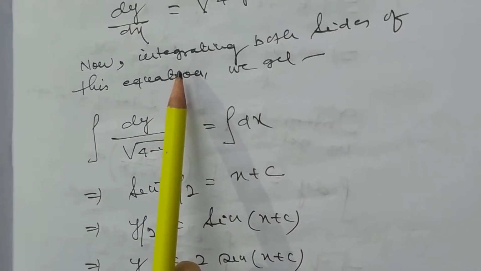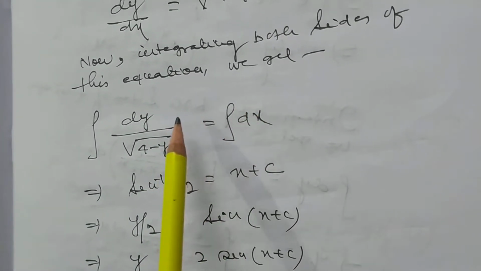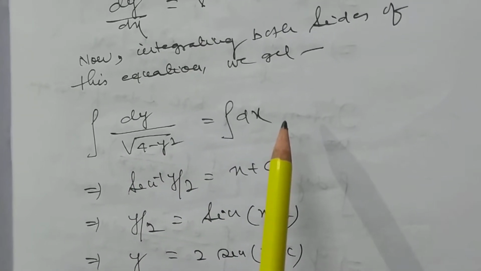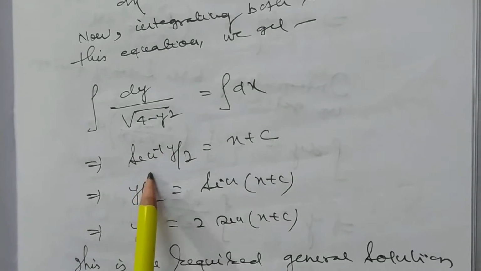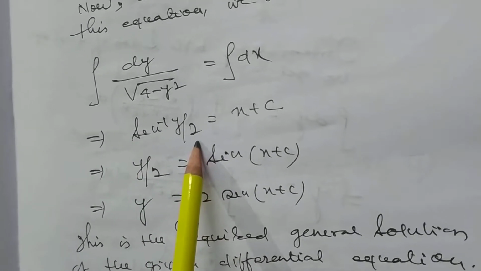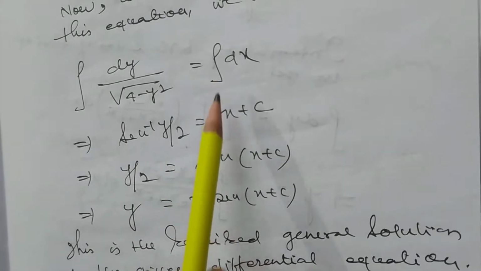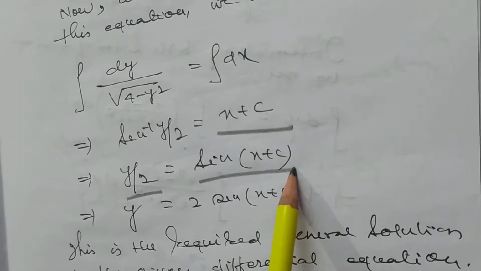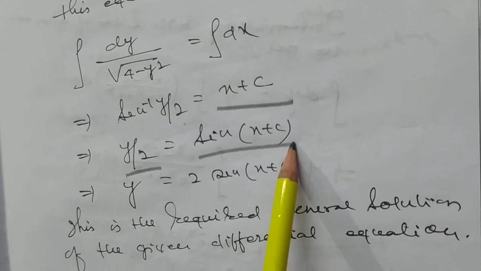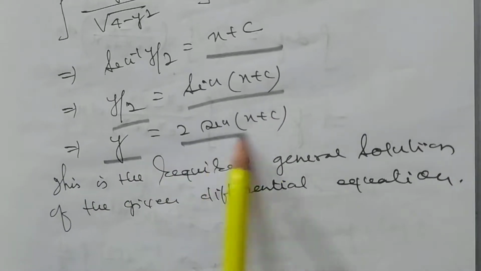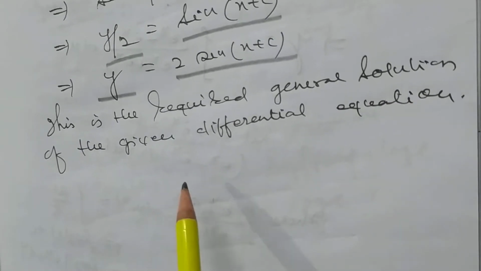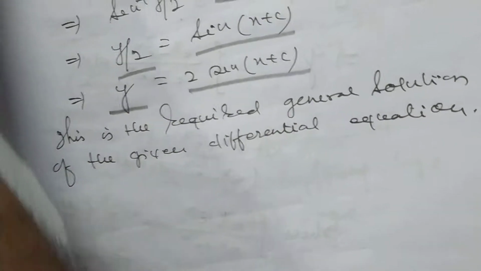Now we separate it and write y with dy and x with dx. So it will be sin⁻¹(y/2). After integration, it will be x plus c. So y/2 = sin(x + c). So y = 2 sin(x + c). This is the required general solution of the given differential equation.